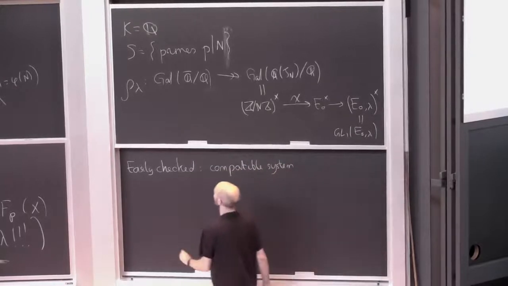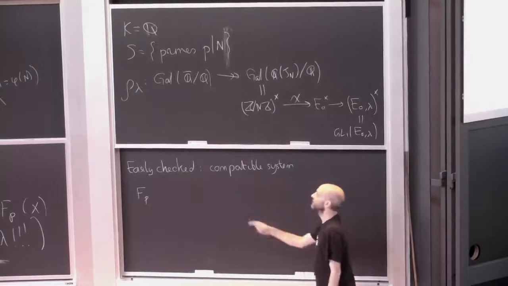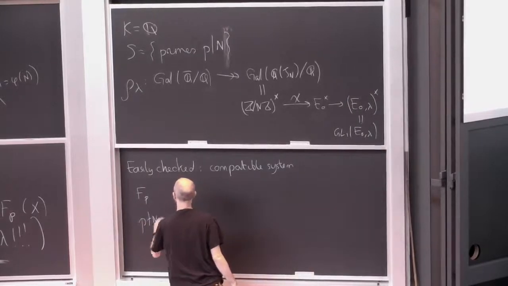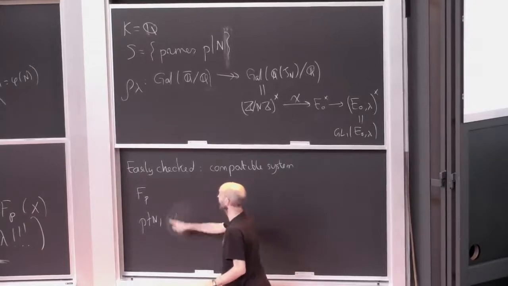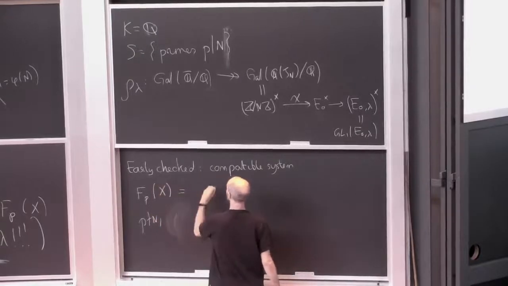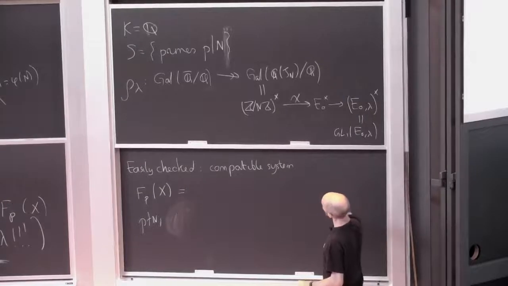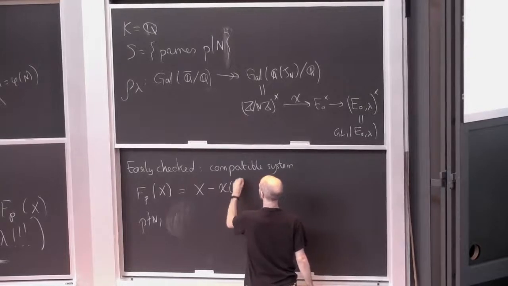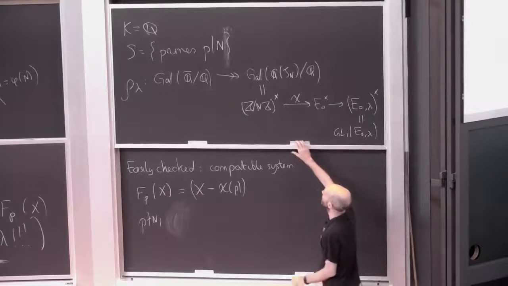Right, and in fact, K is the rational numbers here, right? So S is the primes dividing n. So if p doesn't divide n, and p is not equal to l, well, there's not even an l, is there? If p doesn't divide n, I can just define Fp of x to be, it's got to be monic, it's got to be the char poly of, it's just going to be x minus chi of p. There, right? Because remember there's a dictionary here.